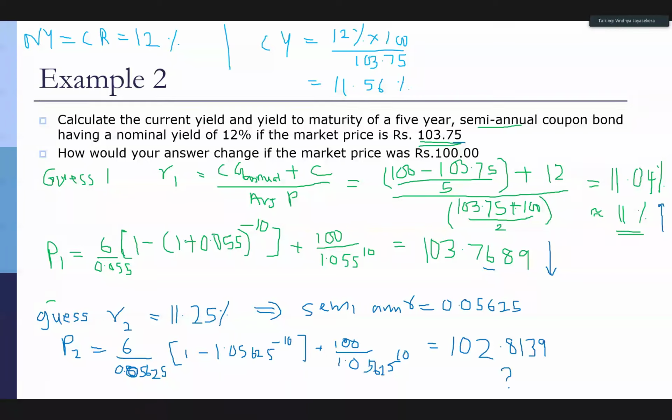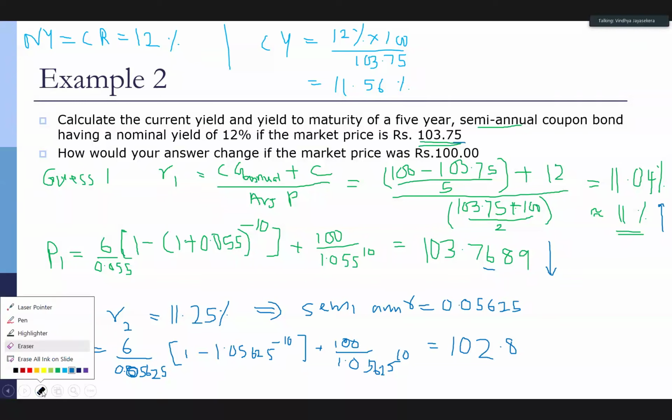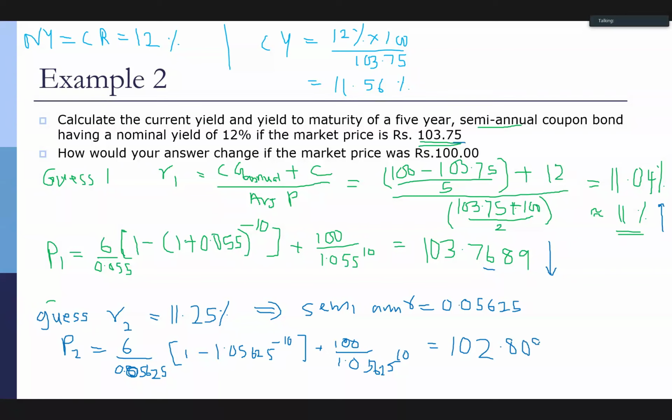Correct? 102.8097. That's another answer that I have. Okay, 102.8097. I have two confirmations.